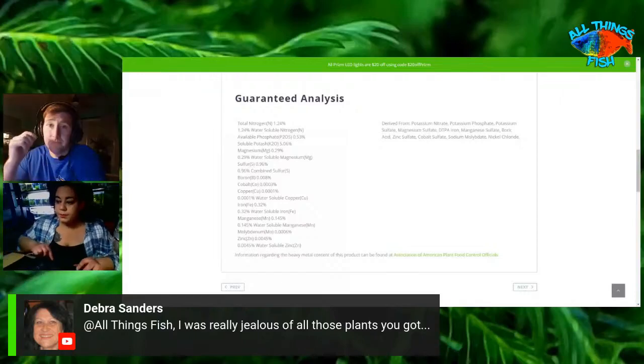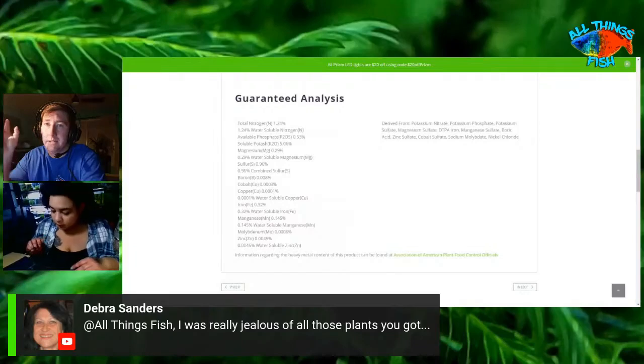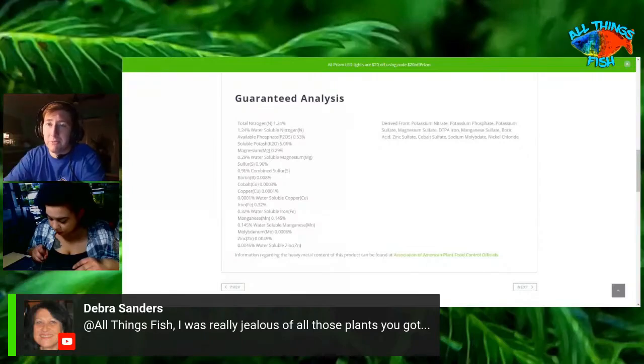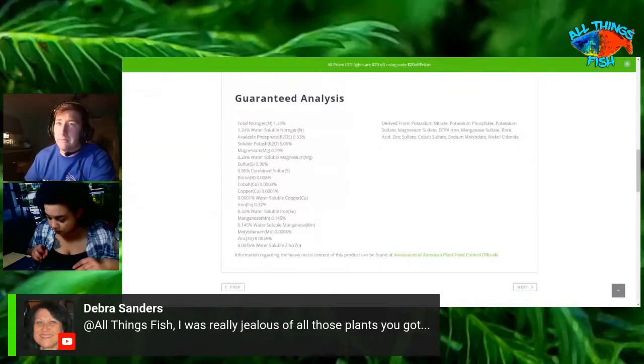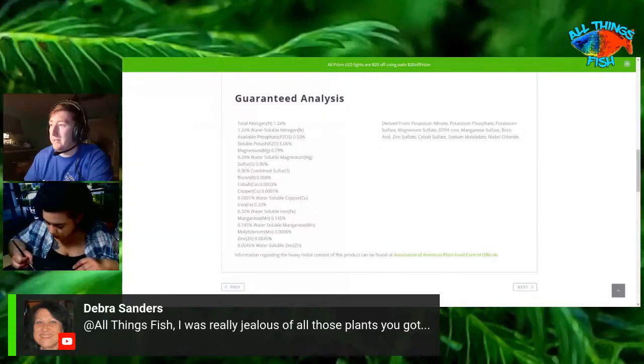But you need chelated iron, right? Right. So Seachem uses a different variant of iron that allows the micros and macros to both be together. That's one of the small reasons that I prefer Thrive, because I get sufficient iron without having to buy an extra bottle.